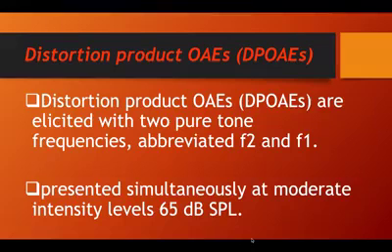Let's move on to distortion product otoacoustic emission. Distortion product otoacoustic emissions are elicited with two pure tone frequencies, F1 and F2, presented simultaneously at a moderate level of 65 decibel SPL.